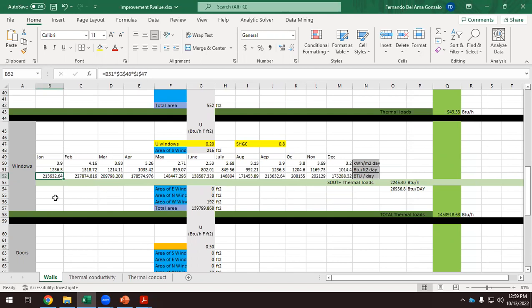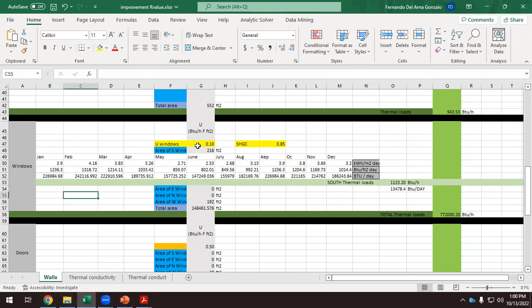So a glass with a very low U value, 0.1, and a very high solar heat gain coefficient, 0.85, that will be the best. So if you can find the catalog with this, that would be the best option. 0.10, very low U value, 0.85, almost transparent. We have a lot of solar gains in January. This is when I want to have these solar gains.